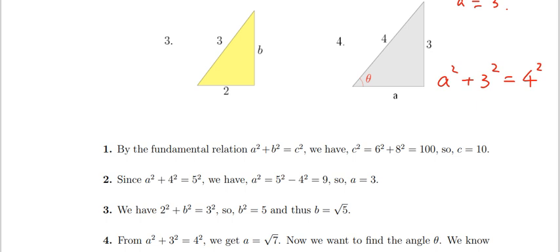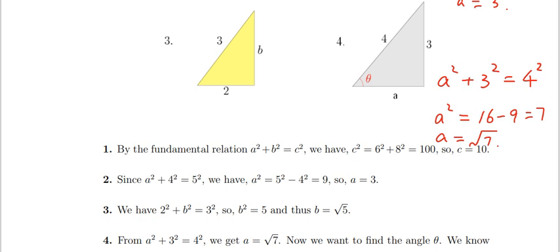We find A squared equals 4 squared, 16, minus 3 squared, 9. So this equals 7, right? So we say A equals radical 7. So finding side A is easy.